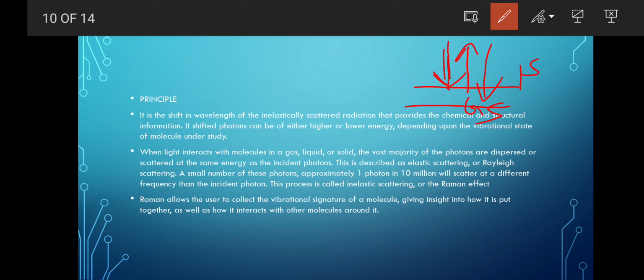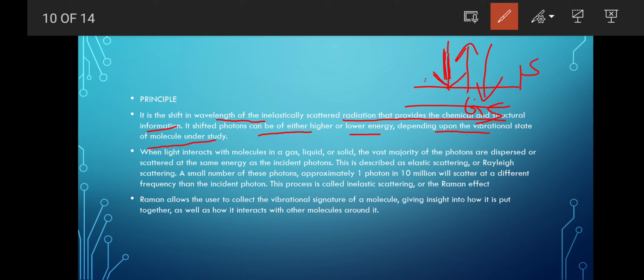Here you can see it is the shift in wavelength of inelastically scattered radiation that provides chemical and structural information. The shifted photon can be either of higher or lower energy depending upon the vibrational state of the molecule under study. Molecules will have different levels where they can come. Depending on the levels we can identify the different nature of the chemical compound.